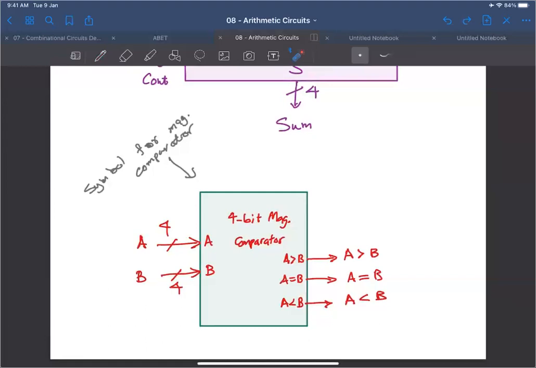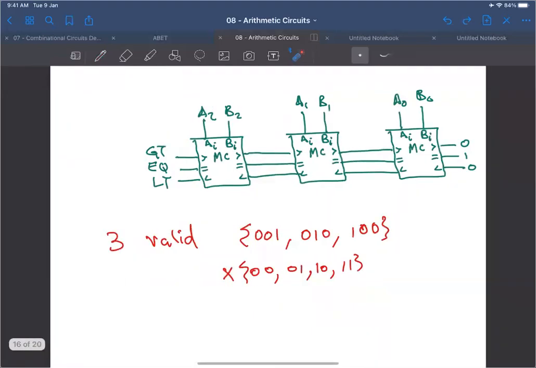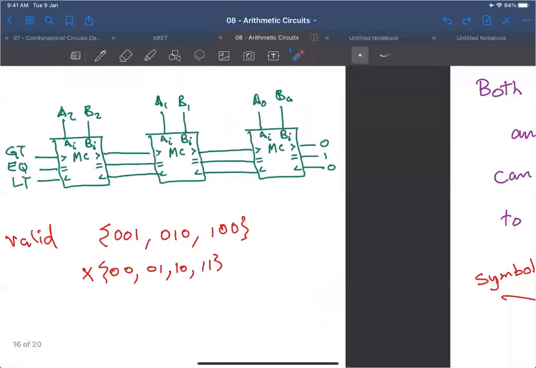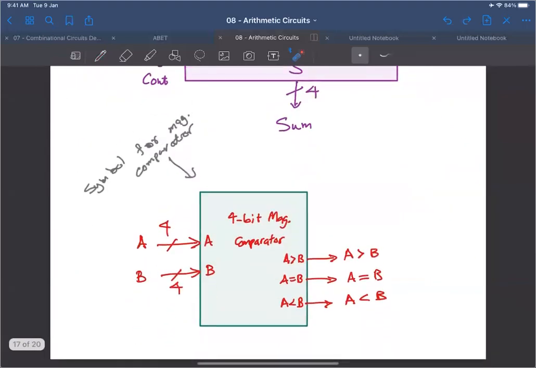Notice that we do not include these as part of the black box because they are details, just fixed values. The rest is internal to the circuit. We don't show it. So this is a black box, or a symbol, for the magnitude comparator.